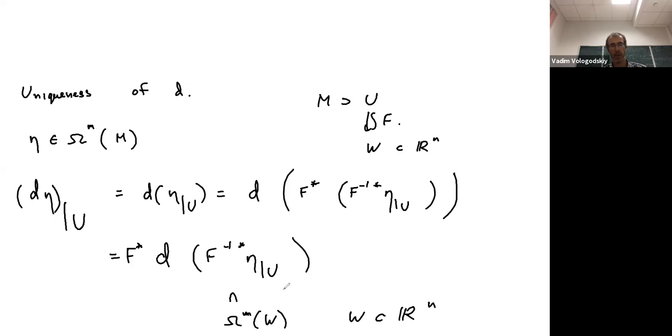We already know that properties 1, 2, and 3 determine uniquely the de Rham differential in the case of open subsets of R^n. So we know this expression, and therefore we know everything. So this proves the uniqueness. Okay?